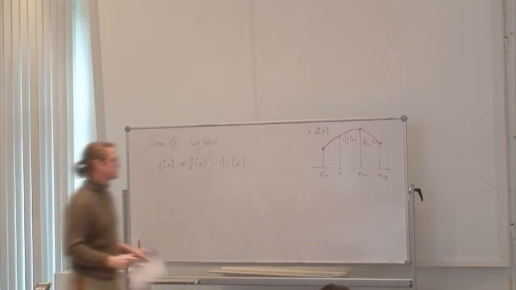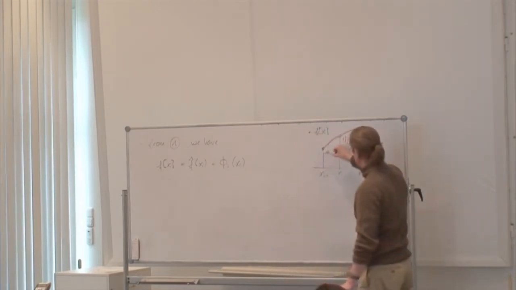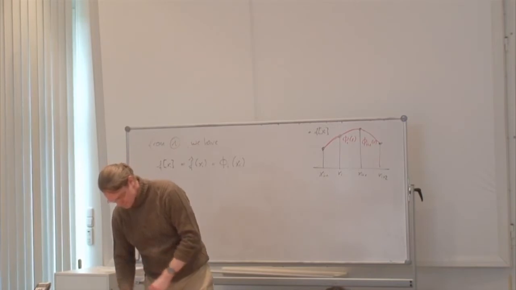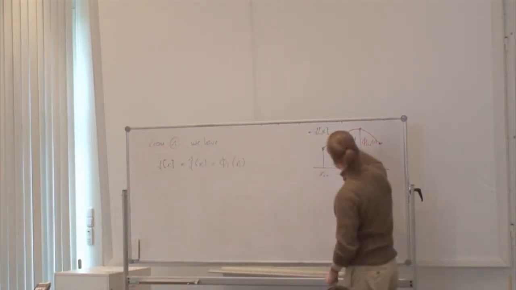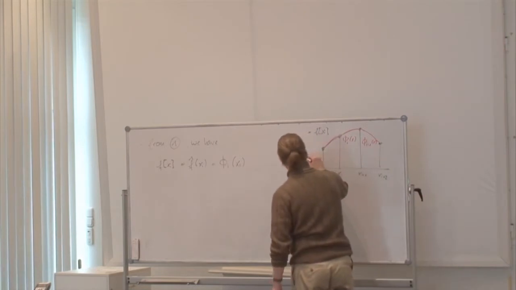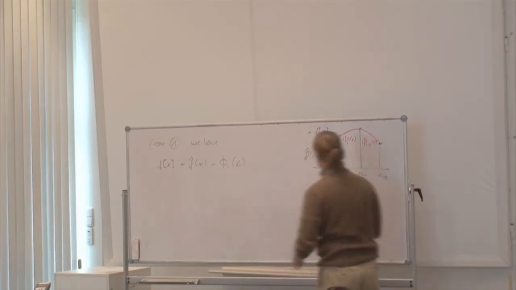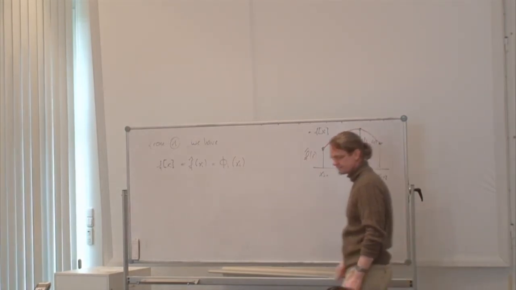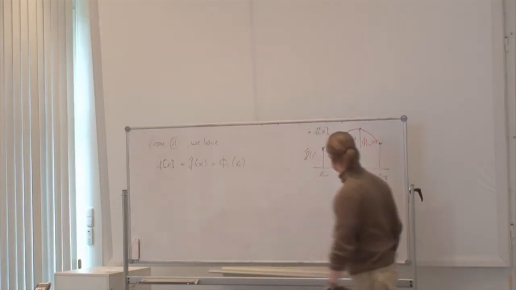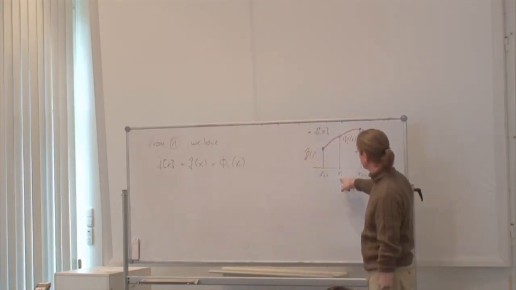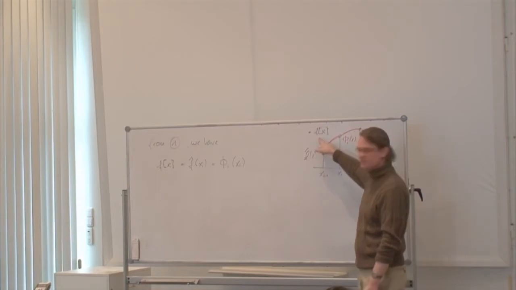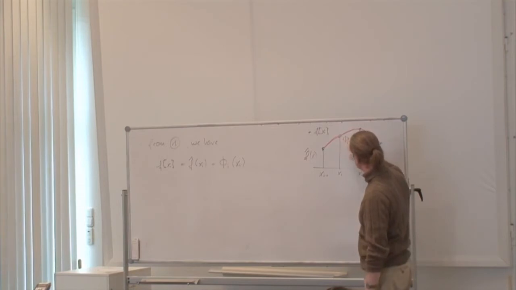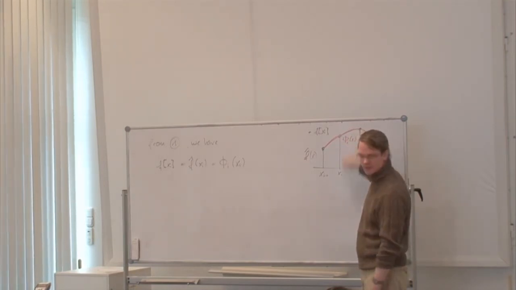Alright? So the overall red thing here is f hat. Let me also indicate that. So this overall red thing is f hat of x, and it is stitched together from lots of polynomials. And apparently at xi we want the interpolation to have the same value as the discrete function that is available to us, and this value is of course the value of phi i at xi.